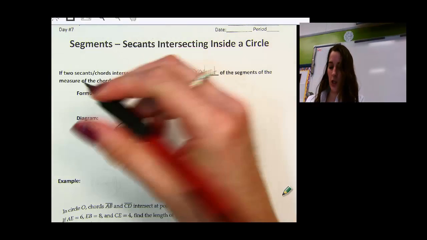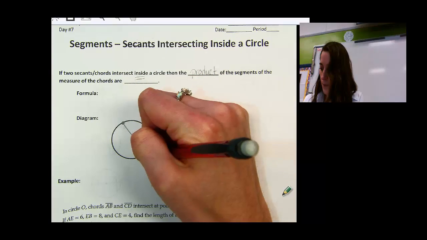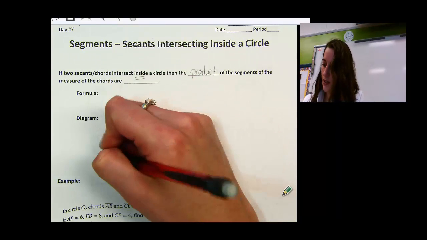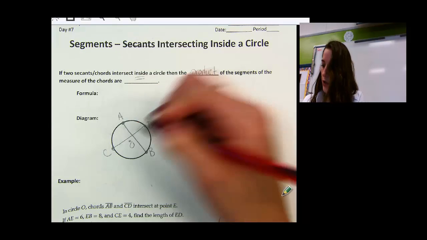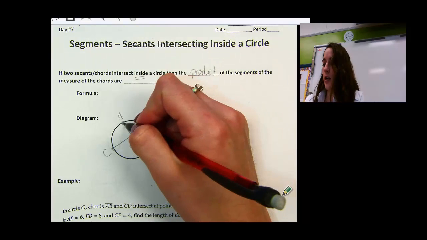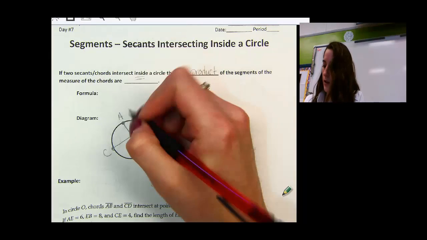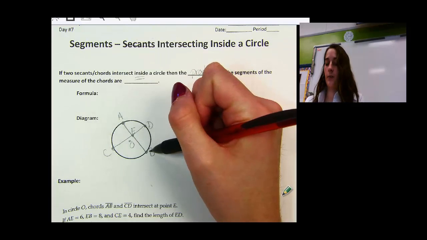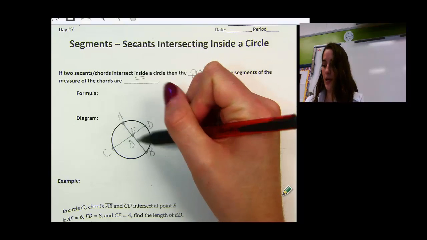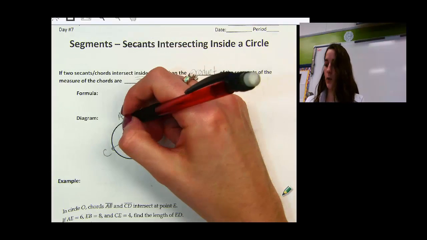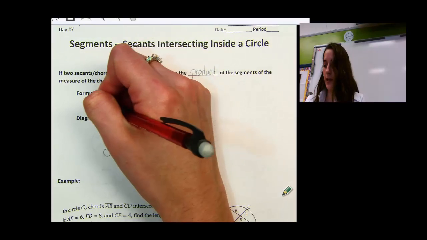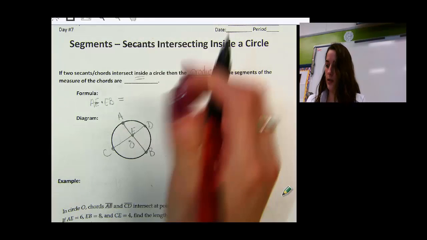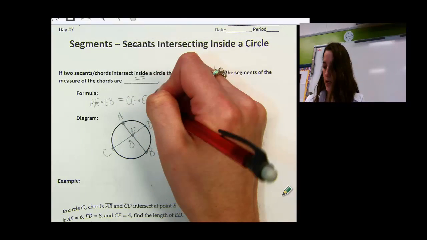So to get the formula, I'm first going to create the diagram for you. So let's say we have these two secants, A, B, C, and D, and this is circle O, and they intersect at E. So the formula for this is actually going to be the piece times the piece is equal to piece times the piece, so it's going to be AE times EB is going to be equal to CE times ED.